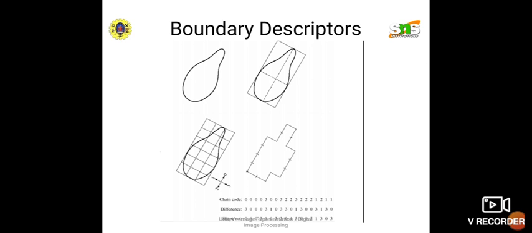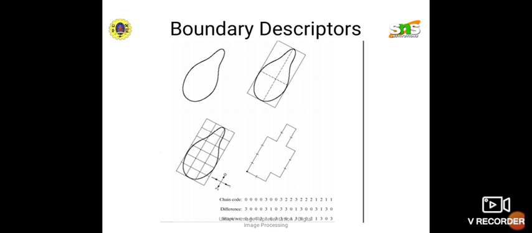The same boundary descriptors using shape numbers can be done like this. The first one is some boundary given, some shape. Here we draw a rectangle. As I told you, a boundary can be described using rectangles. So we draw a rectangular boundary descriptor, and after the rectangle we draw grids.